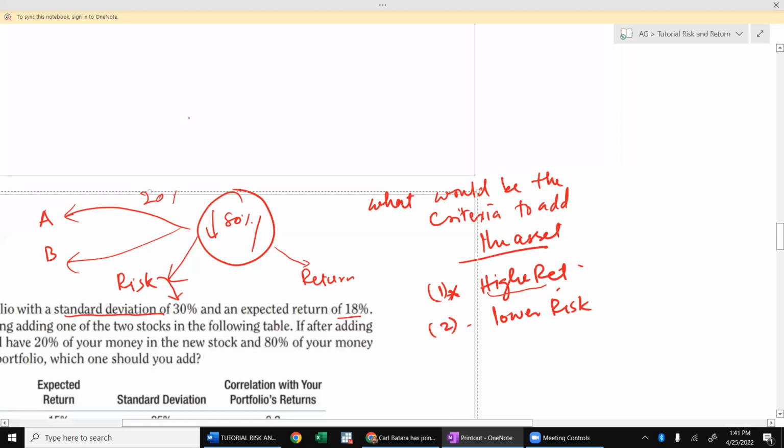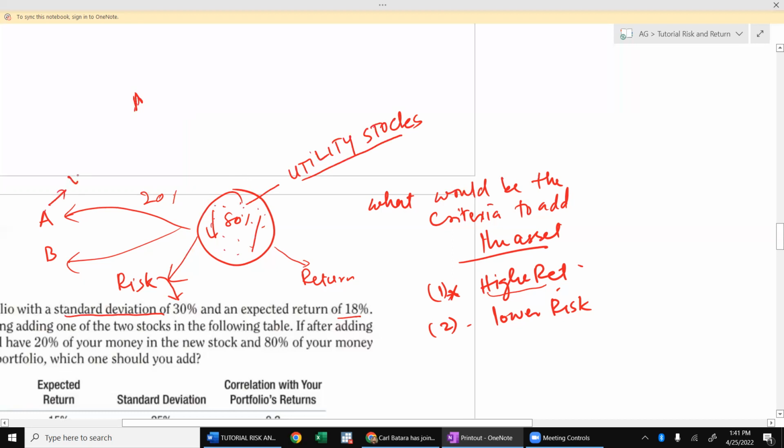Correlation means, let's say in this portfolio, the majority of the stocks, not all, are utility stocks. There are two stocks I want to think of adding.